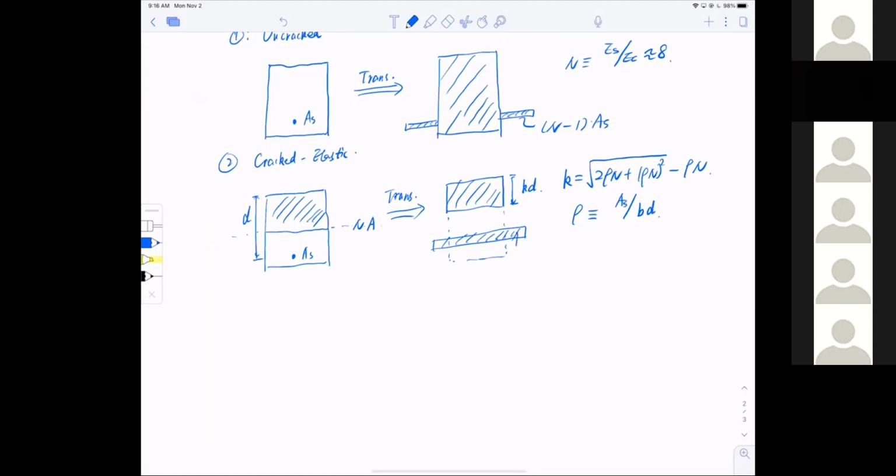The converted steel strip here equals n times AS. That's all we have talked about for the cross sections of the uncracked section and the cracked elastic section, for these two stages.